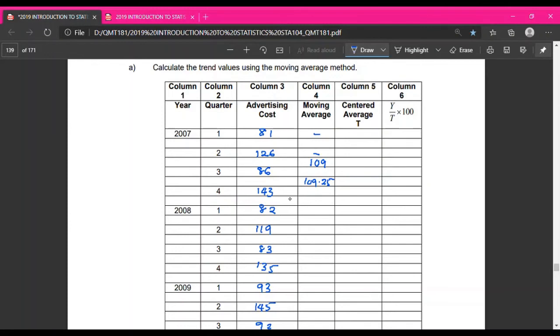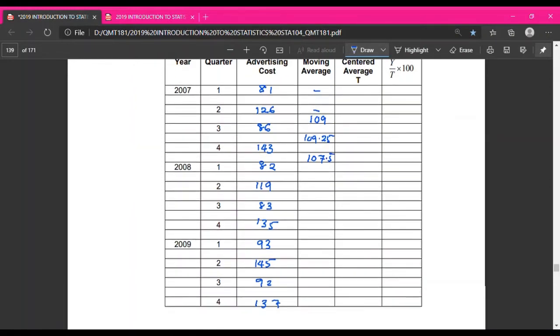Next is 86 plus 143 plus 82 plus 119, divided by 4. Here is 107.5. Next, 143, 82, 119, 83 divided by 4, you will get 106.75.